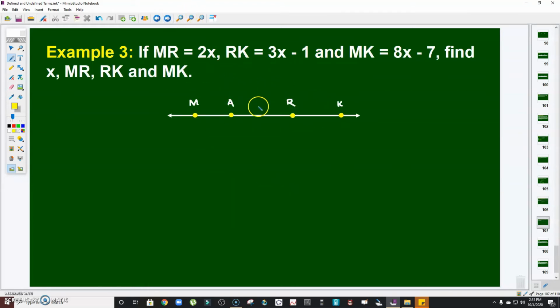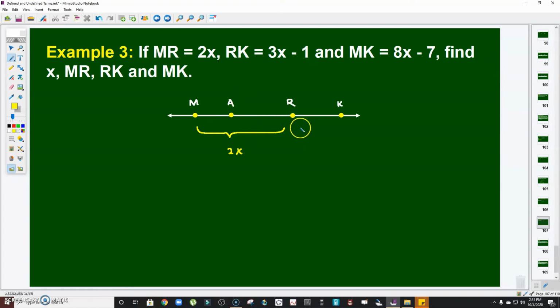Alright, so let's take a look at this example. If MR equals 2x, RK equals 3x minus 1, and MK equals 8x minus 7, find x, MR, RK, and MK. So again, MR here is given, that's 2x.